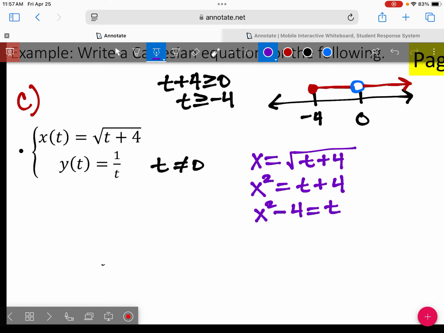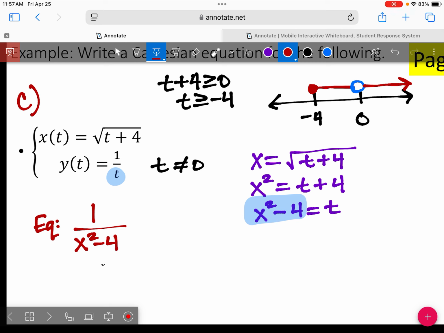So now we're going to take what we came up with, which is x squared minus 4, and we're going to put it here. So my final equation, this is my parametric equation, is going to be 1 over x squared minus 4.